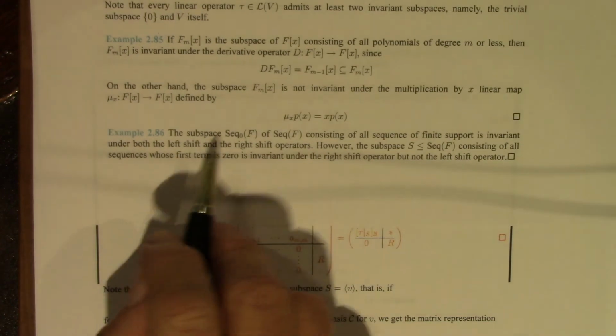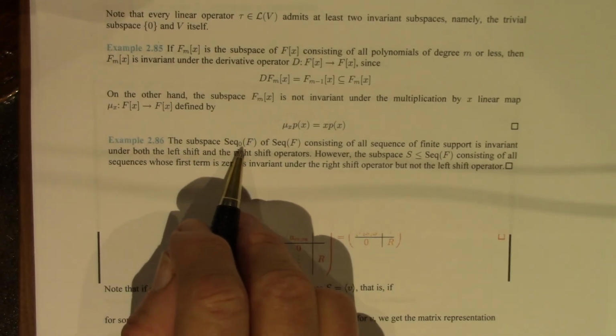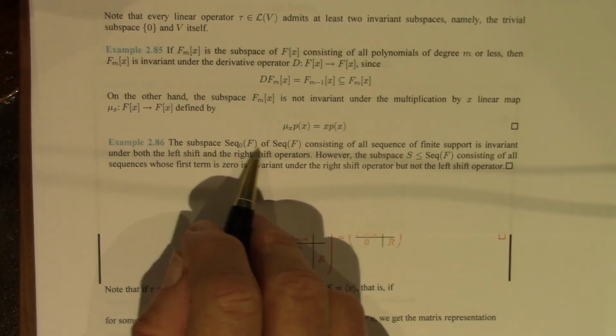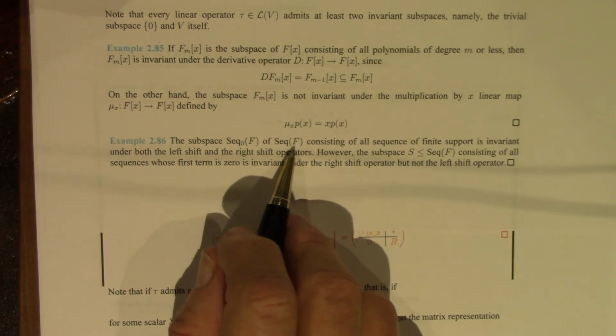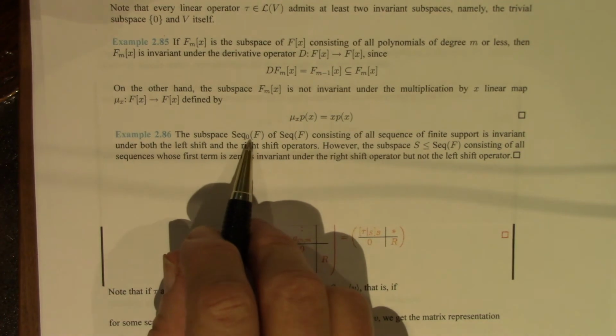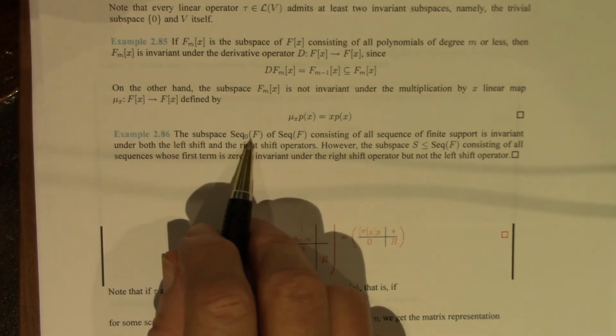Another example, the subspace of sequences with finite support over F. This is a subspace of the full sequence space. This is invariant under both shift operators, left shift and right shift.